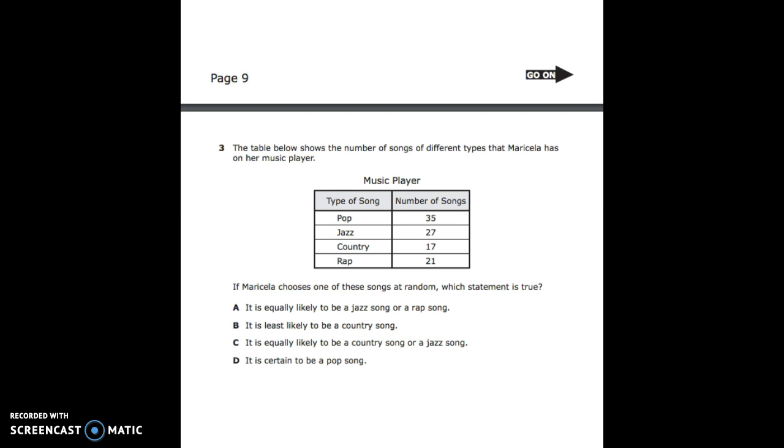If Maricela chooses one of these songs at random, which statement is true? A, it is equally likely to be a jazz song or a rap song. B, it is least likely to be a country song. C, it is equally likely to be a country song or jazz song. Or D, it is certain to be a pop song.